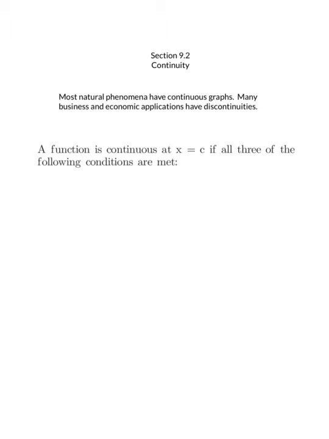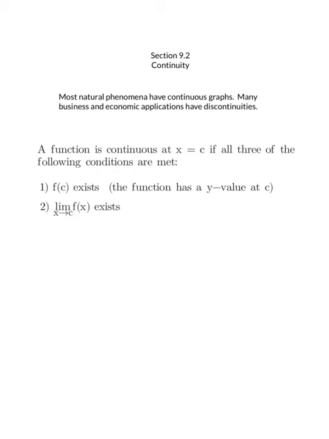In order for a function to be continuous at some x value of c, all three of the conditions that we are going to look at must be met. Condition 1, f of c exists. This means that the function does have a y value at the x value of c.